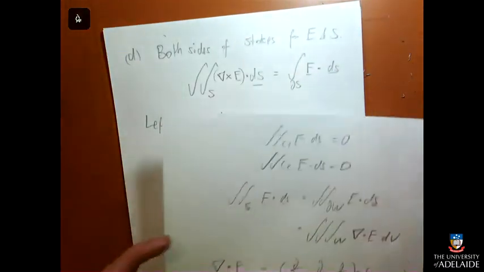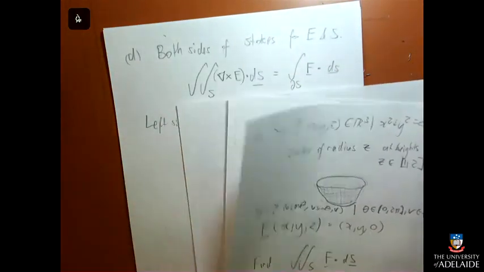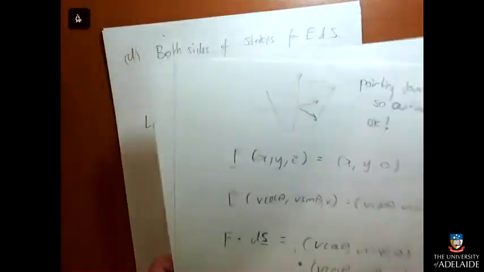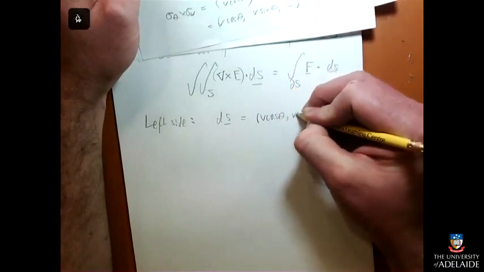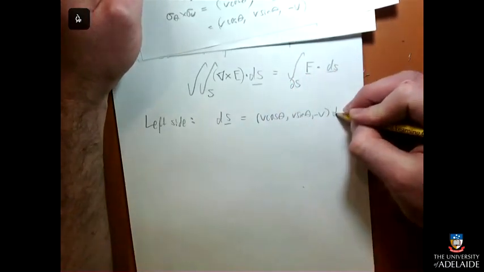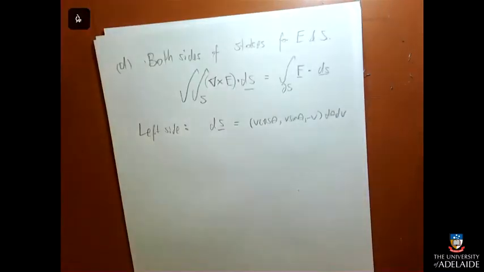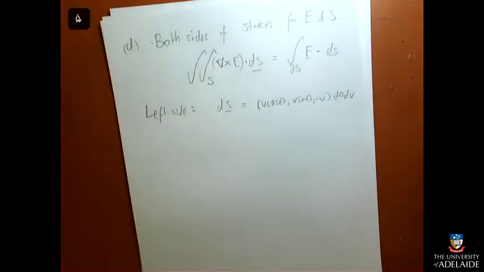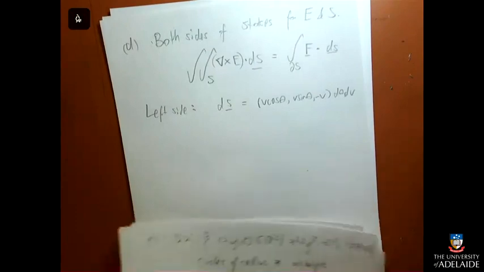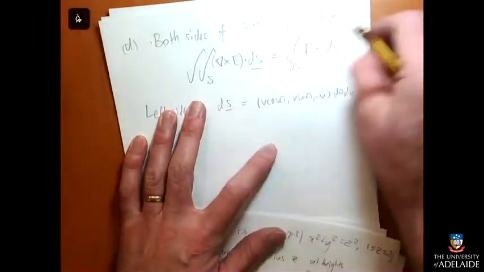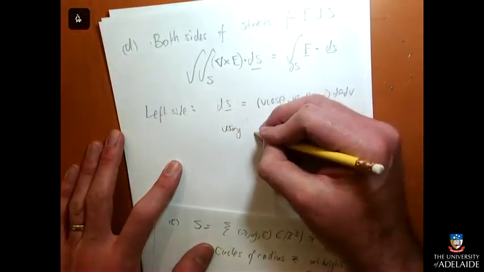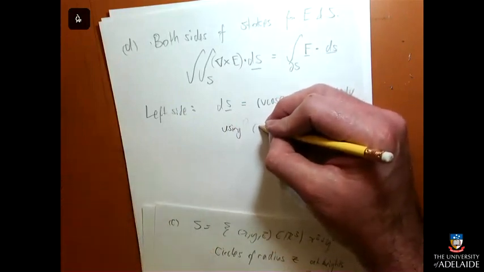D bold S we figured out earlier, and that's using the parameterization we did before.